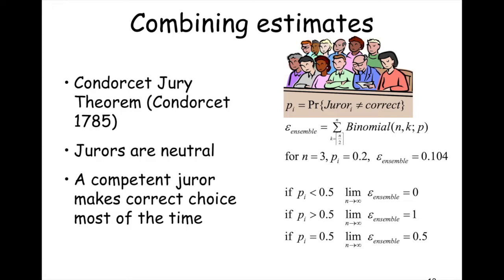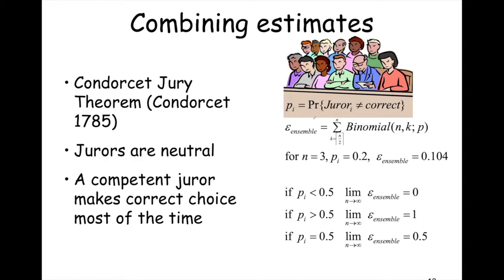Each juror's outcome you can think of as the flip of a coin. So the error for the ensemble is the area under the binomial curve from the simple majority, ceiling n over 2, through the overwhelming majority, all n. We're looking at the error rate for the ensemble based on the error rate for the individual juror.